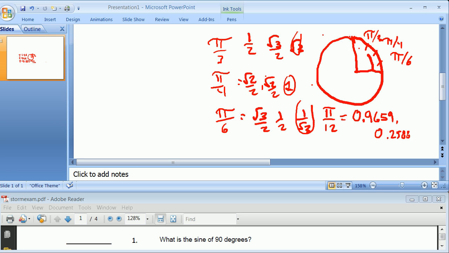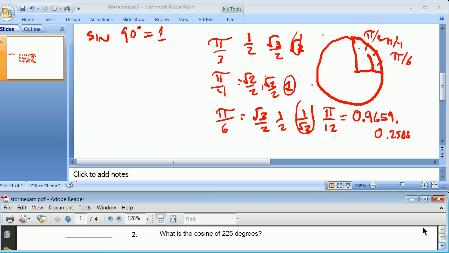The sine of 90 degrees, which would be the second value up here, is equal to 1. Going down to the next problem, the cosine of 225. Well, for cosine of 225, you have to identify what quadrant it is.